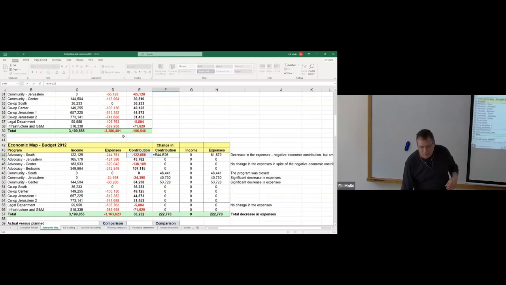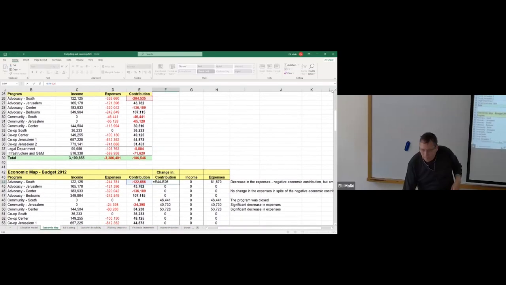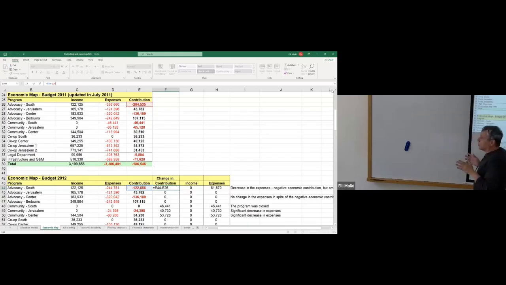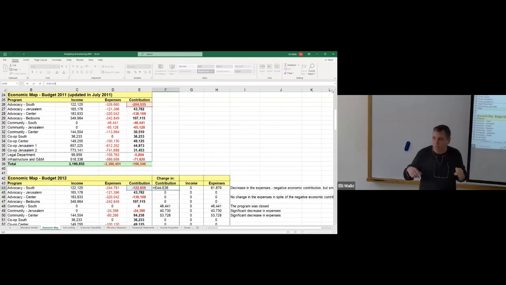It is the result of the following formula: the contribution in 2012 minus the contribution in 2011. So we take the contribution in the scenario that we want to analyze, and we subtract from it the contribution from the base scenario, which is the present.